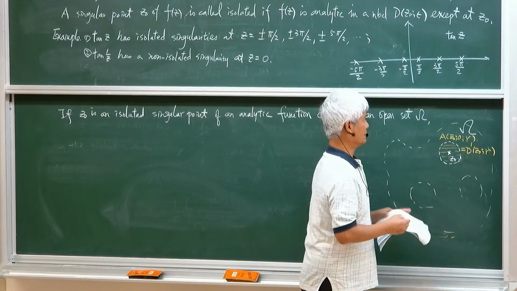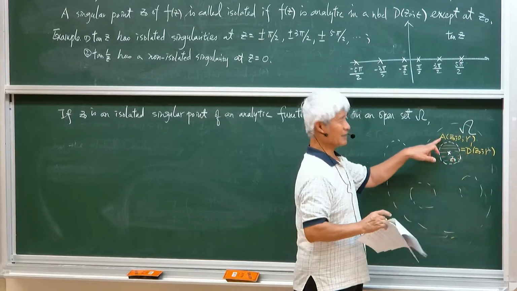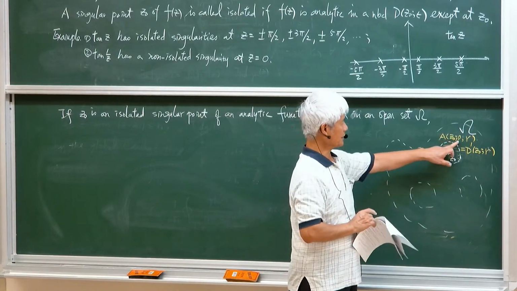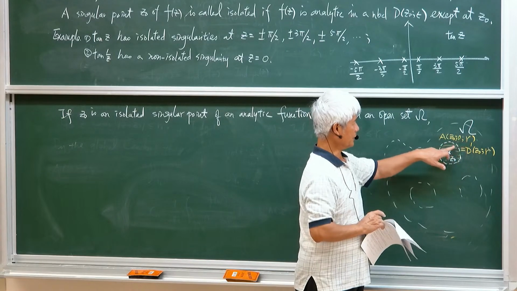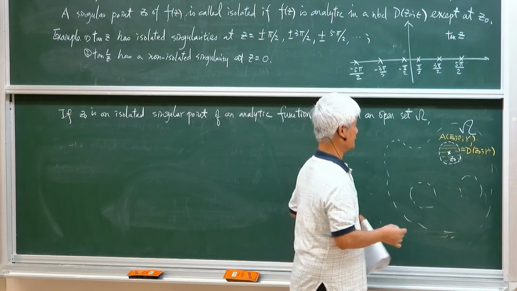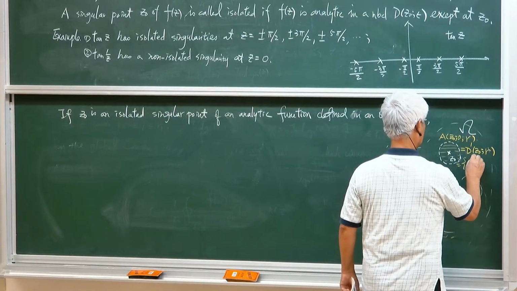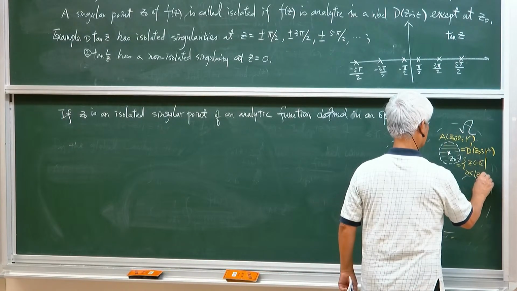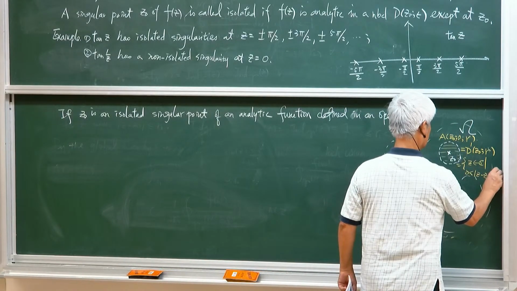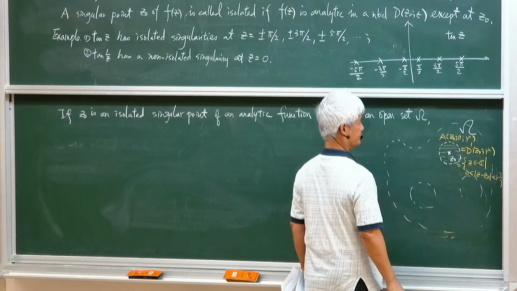This is called the deleted disk. The deleted disk is actually an open annulus with inner radius 0 and outer radius R. So this is equal to the set of z in C such that the distance is greater than 0 but less than R.